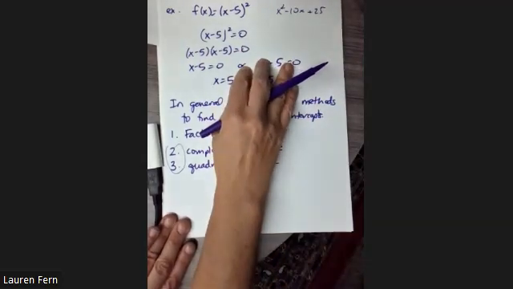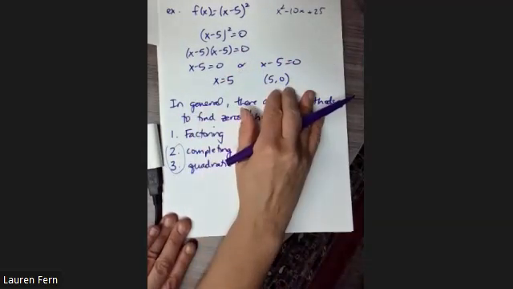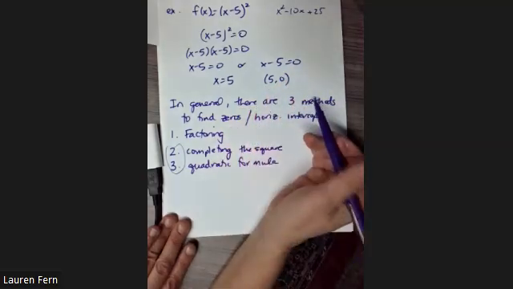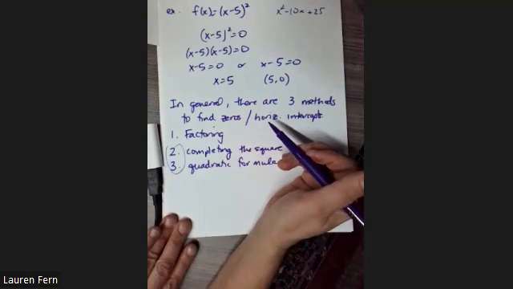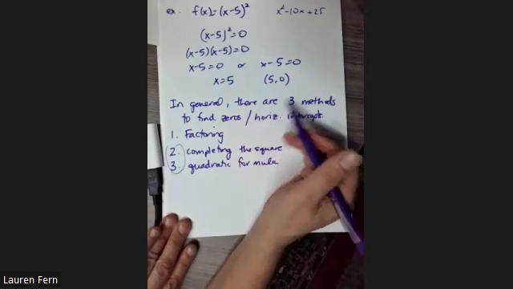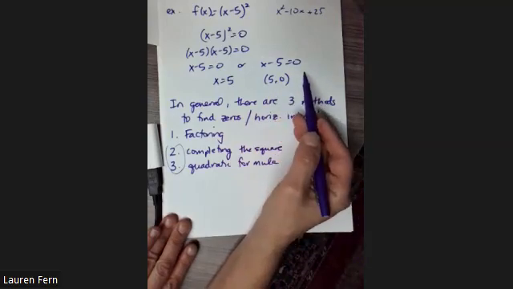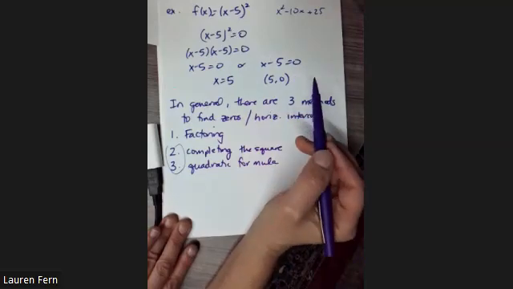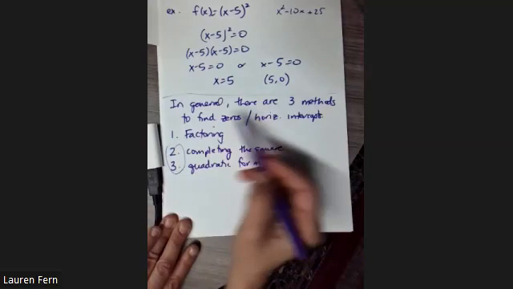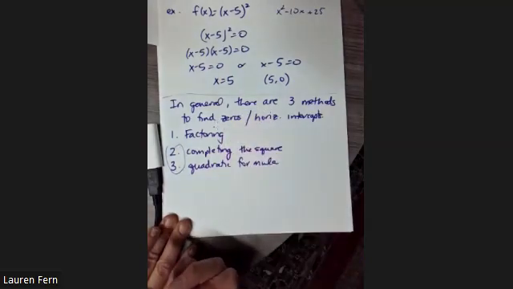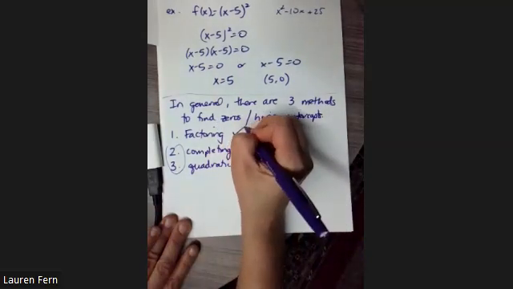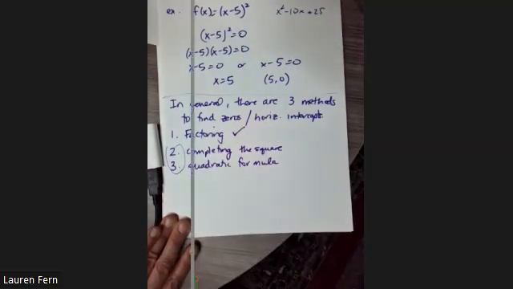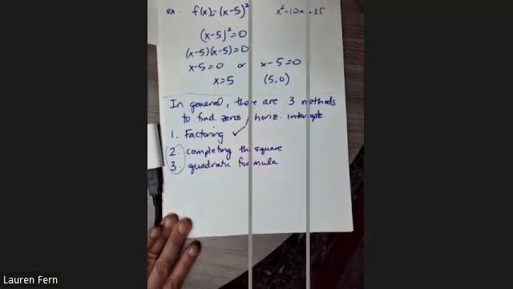So we started out this section, and what we've done so far is we've found the shortcut way to find the vertex, and then we've taken a quadratic in general form and learned how to write it in vertex form. Now what we're honing in on is how do we find our zeros? Okay, again, this is the cutest if it's factorable.